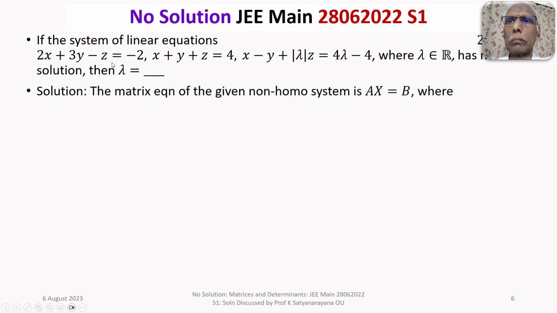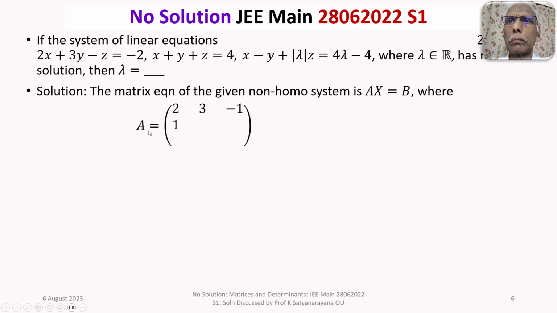We have the system of linear equations here, and we write down its matrix equation. The given system is a non-homogeneous system of linear equations. Its matrix equation is AX is equal to B, where A is called the coefficient matrix, that is, the matrix whose entries are the coefficients of x, y, z of the equations.